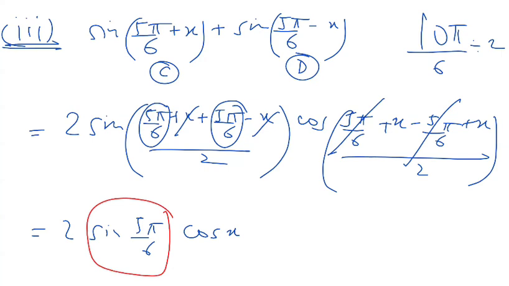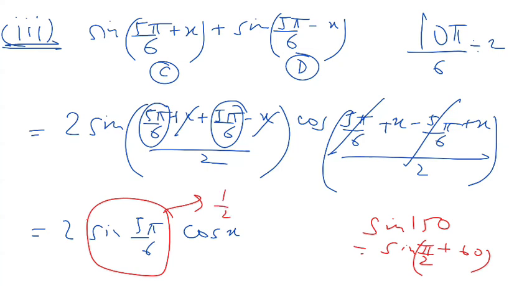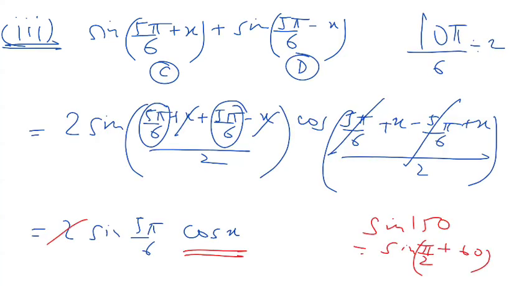Sine 5 into 30 it will be sine 150. So this particular value you can calculate. Sine 150 is sine 5 by 2 plus 60, so this is going to be cos 60 and cos 60 is half. So this 2 and this 2 will get cancelled and we'll get cos x. I have made you understand this very quickly. Just calculate the value of sine pi by 6, you'll get the answer.